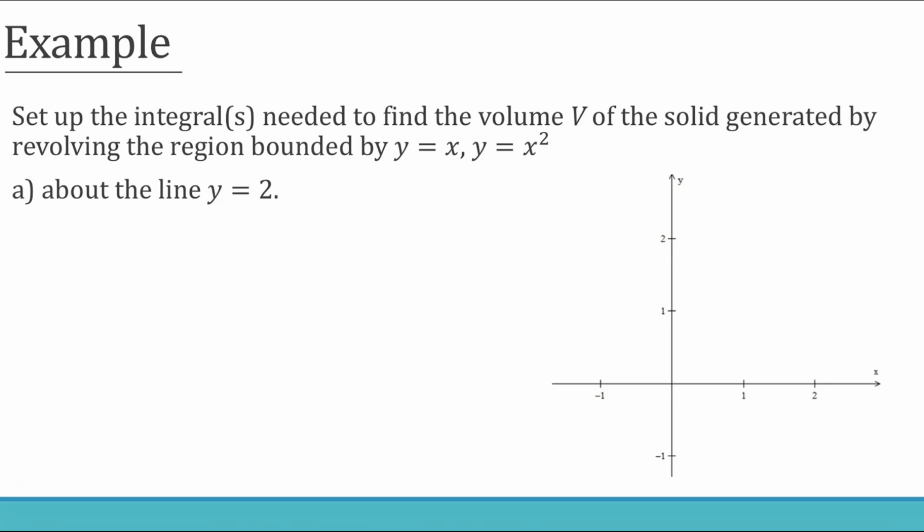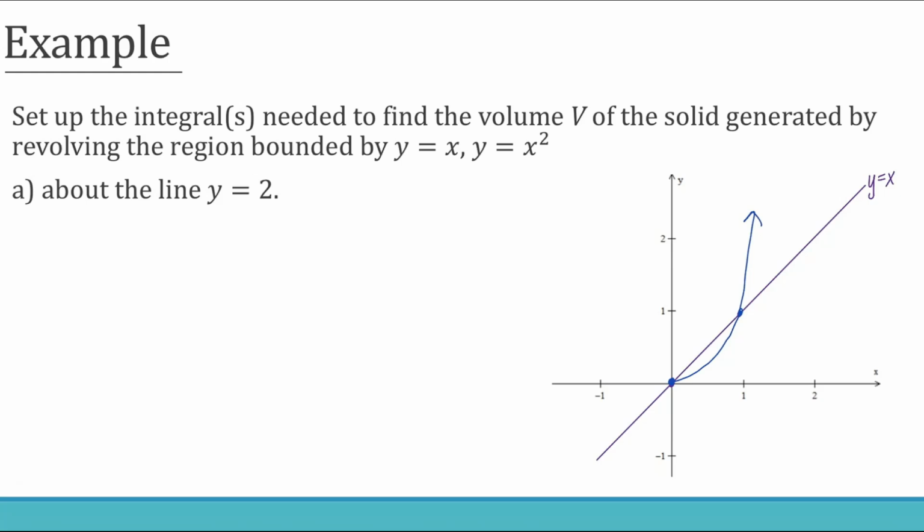We have y equals x. That's just, again, the line passing through the origin with a slope of 1. And then y equals x squared, that's just that parabola, also passing through the origin, and the point 1, 1 and the point 2, 4, that's going to be off the graph here. But I'm going to make sure and sketch this as a parabola.